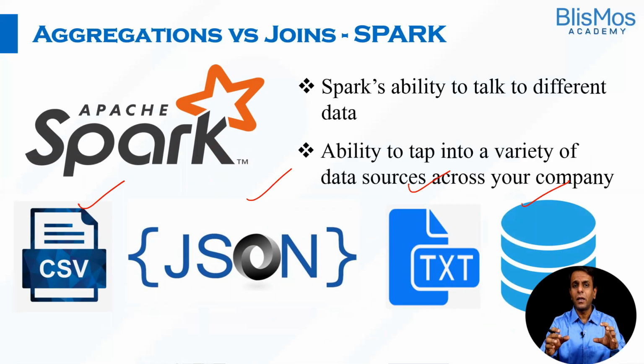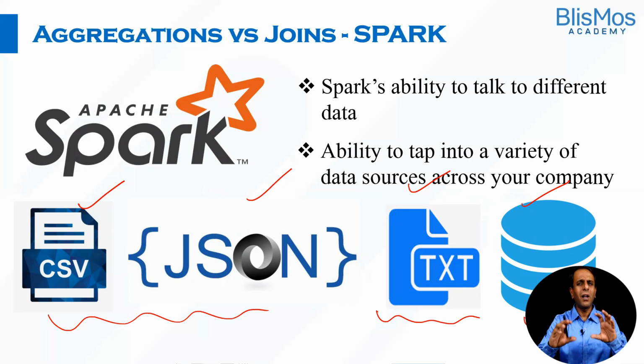Spark has the ability to read from semi-structured files, unstructured files, or structured databases. Any organization tends to have data from multiple sources. It can be in a semi-structured Parquet format, a structured RDBMS database like MySQL, Oracle, PostgreSQL, etc., or unstructured files. That is why Spark has the ability to read from multiple sources.